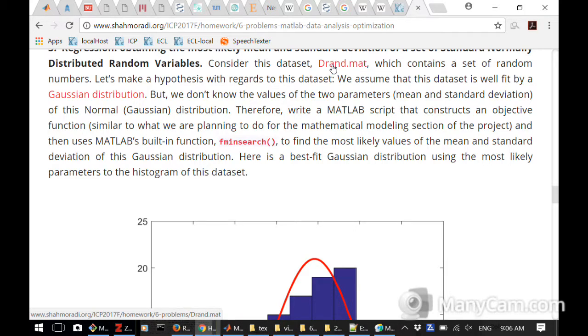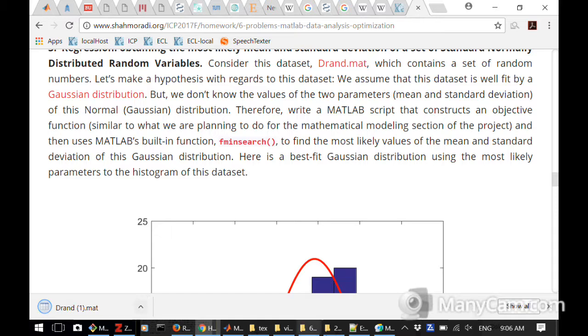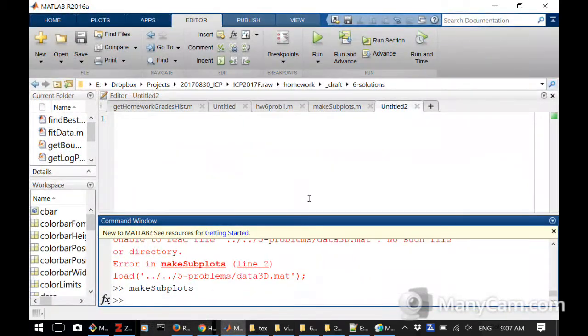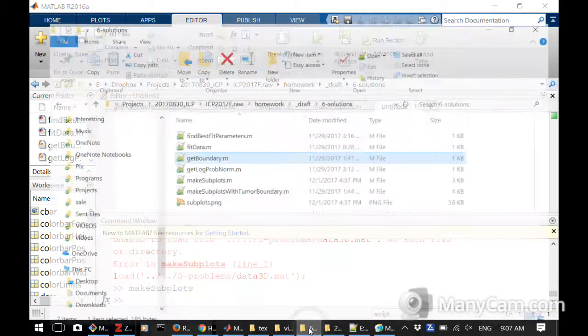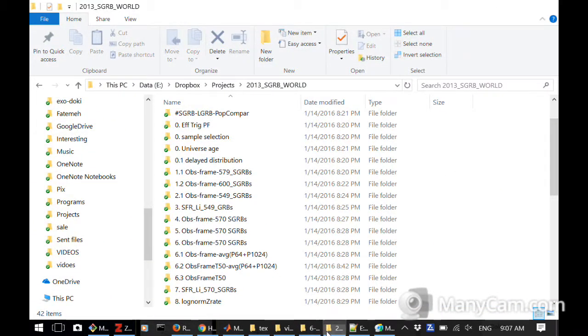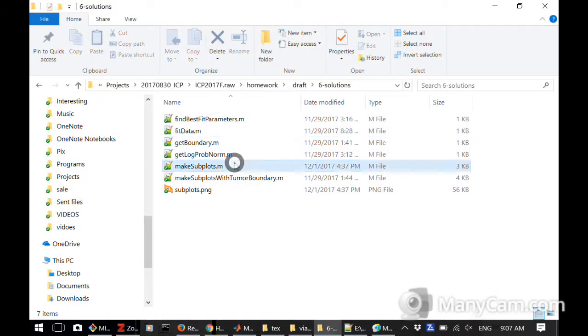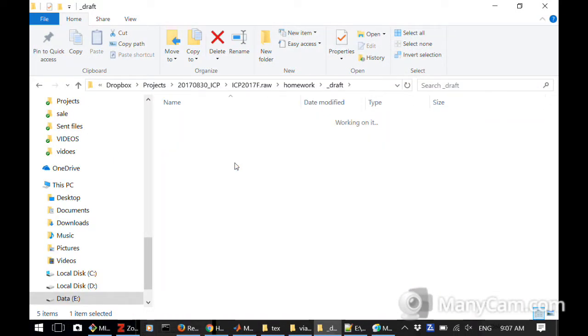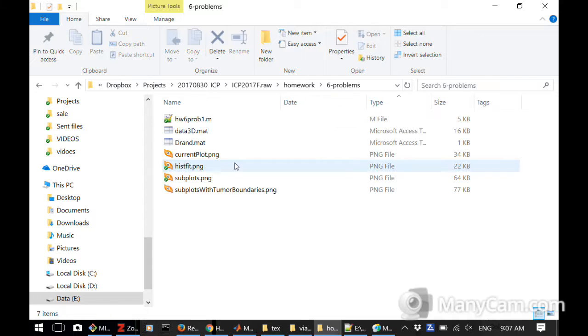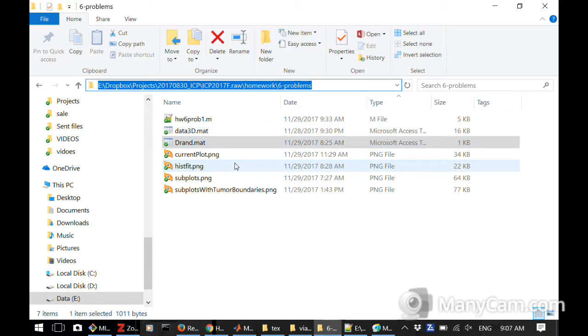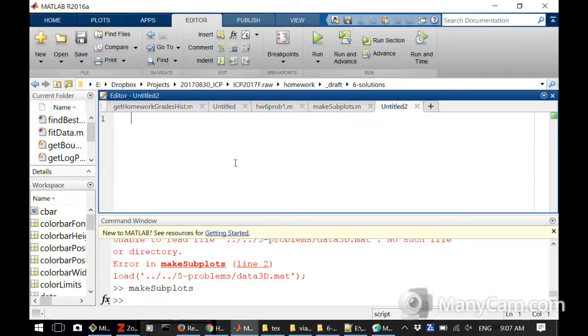Okay, so if you download this file, then you can, so this is what you do. You download it. It already exists in my folder, on my desktop, so I'm going to skip this part and then look for the data set here. So I have it here, drand.